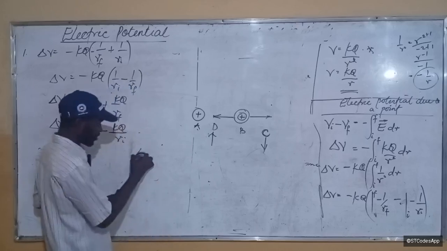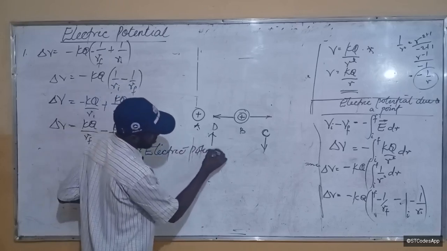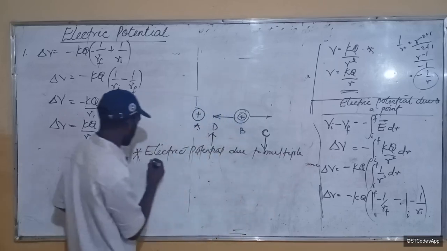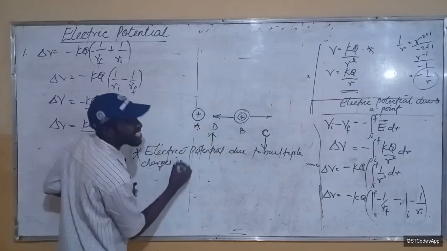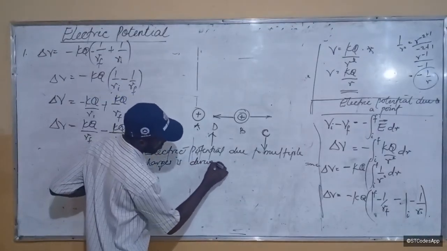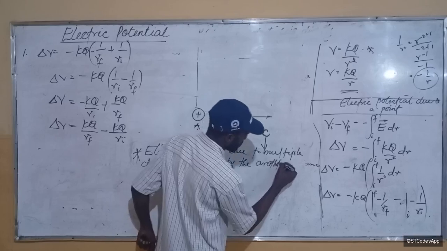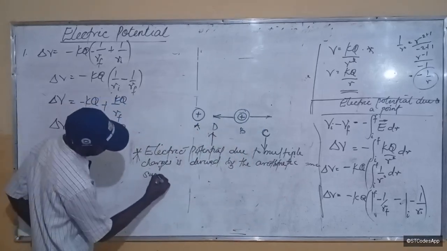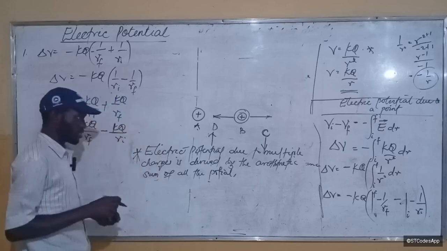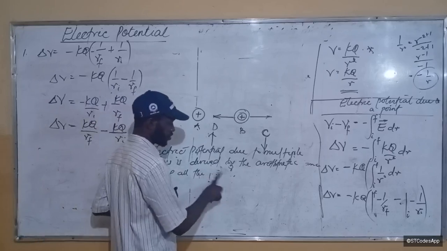The last thing you should know about electric potential is that electric potential due to multiple charges is derived by the arithmetic sum of all the electric potentials.